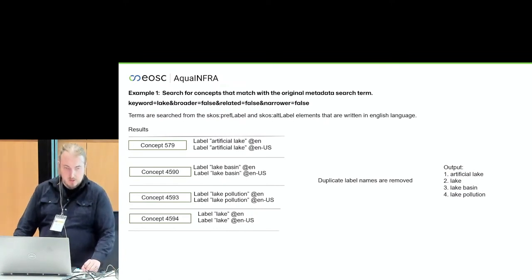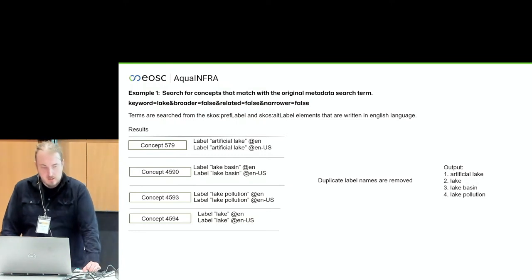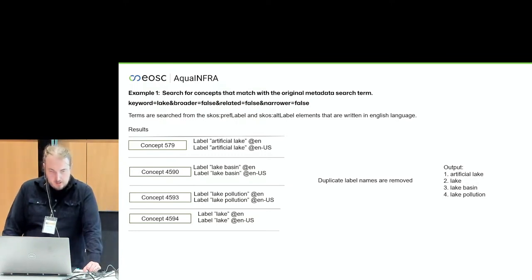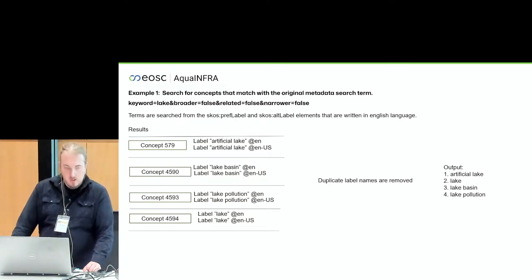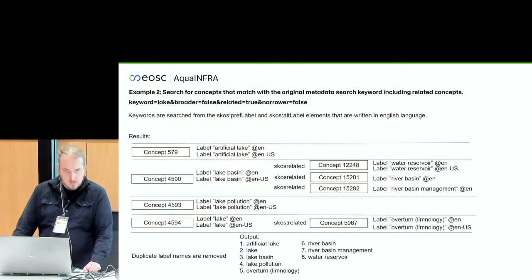So here are some examples. Here we are searching for concepts that match the term lake, and we get as a result 4 concepts with different labels. And here we are not taking any broader, related or narrower relations into account. And then we remove any duplicate labels in the output, and in this case we get 4 terms as the output.